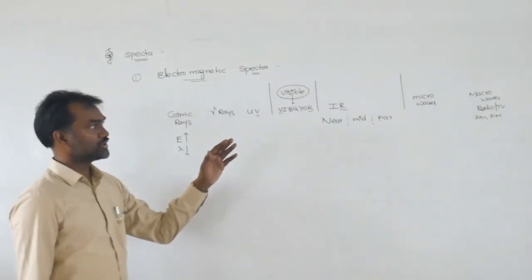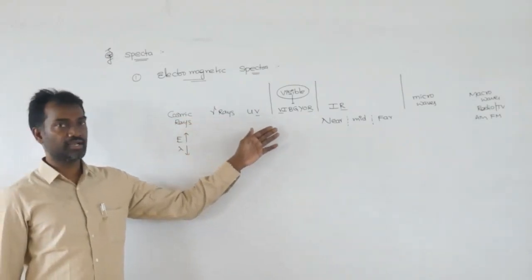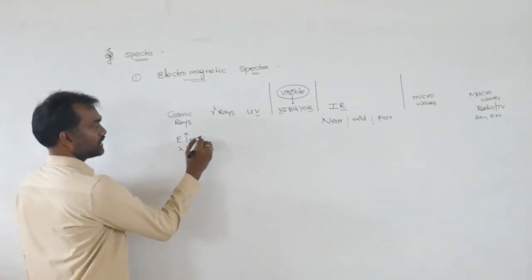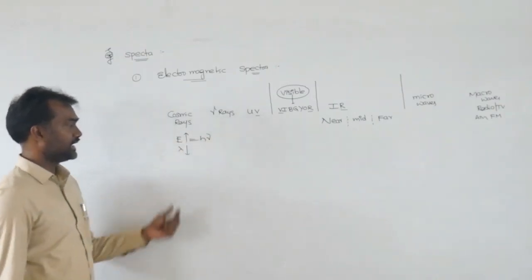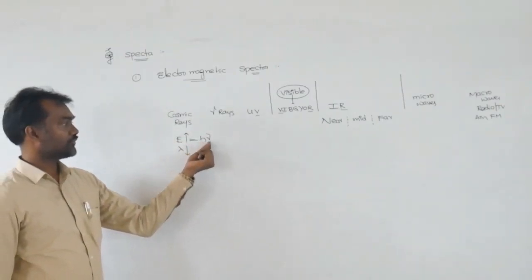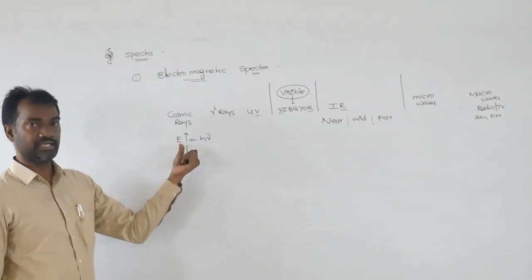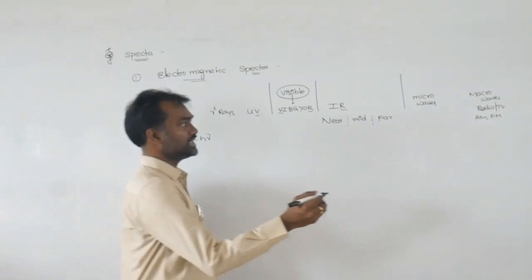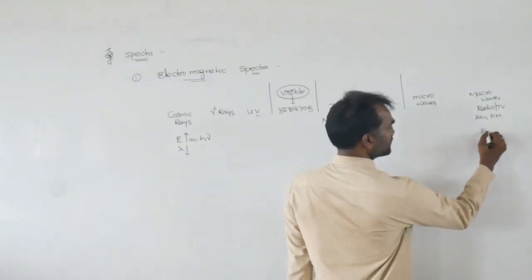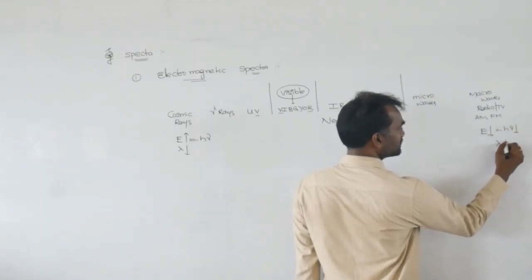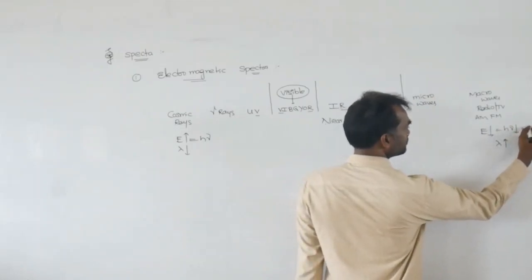These are all arranged systematically according to their energy, or lambda value. Frequency is nothing but energy only. High frequency means high energy and lower lambda. These have the lowest energy, which means lowest frequency and highest lambda.